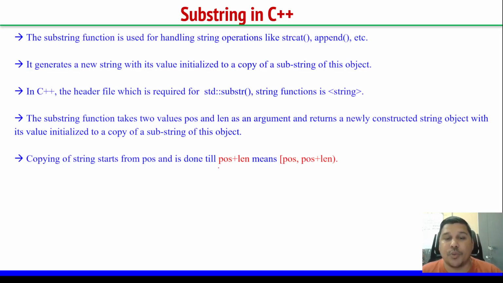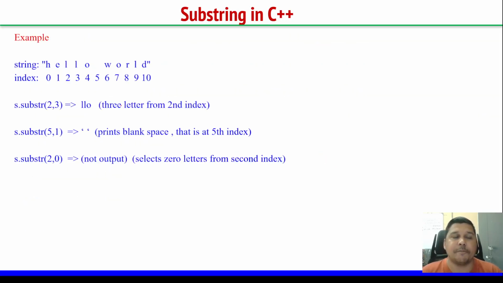When you give position and length, you have to go from the position for the given length. Let's see an example to understand this. I have a string here, hello space world. There is a space here, hello space world, a single string with a space, and I have written the indexing also here, 0 1 2 3 4 till 10.